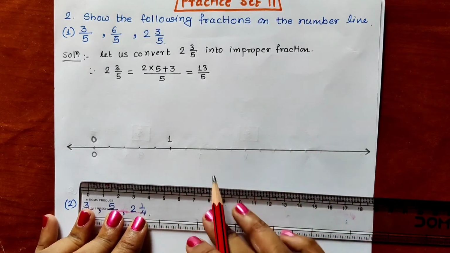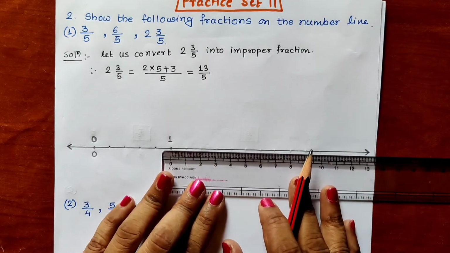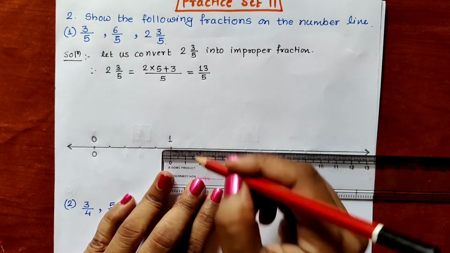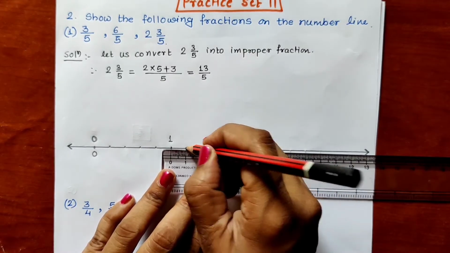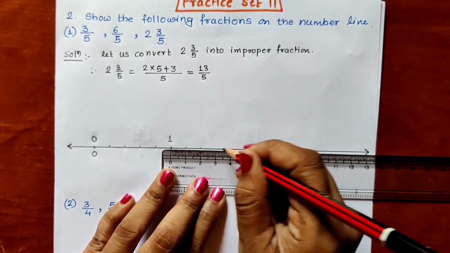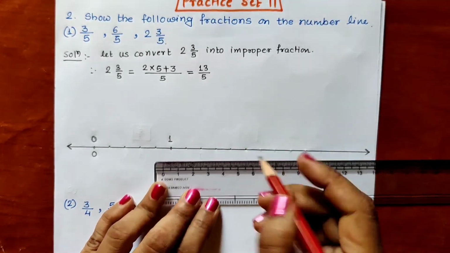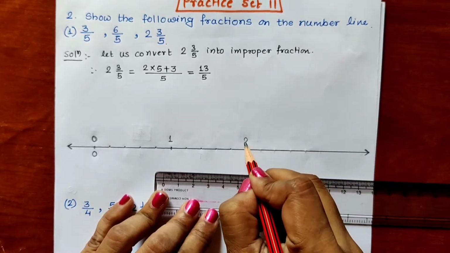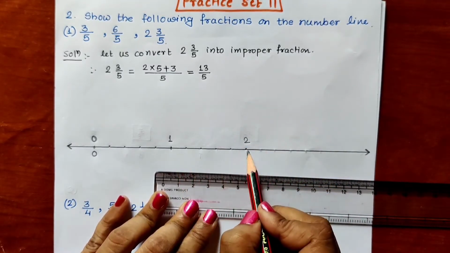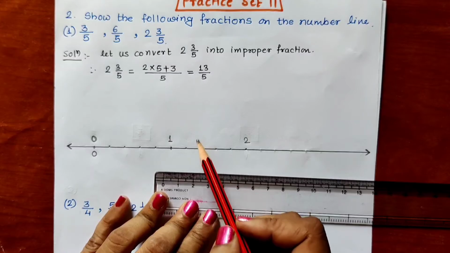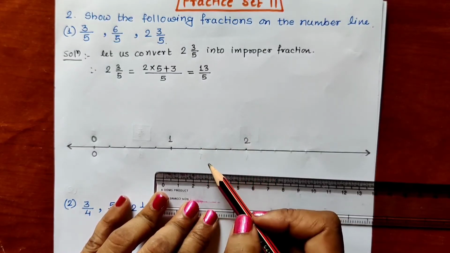Now 1 to 2. Again we have to divide into 5 equal parts. Let us divide. 1, 2, 3, 4, 5. This 5 means 2. Okay. 1, 2, 2. This 1 unit we have again divided into 5 equal parts. Why are we dividing into 5 equal parts?